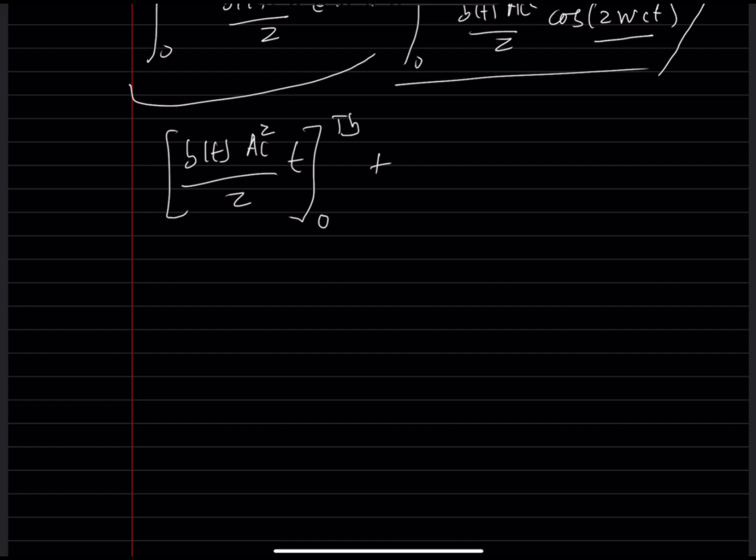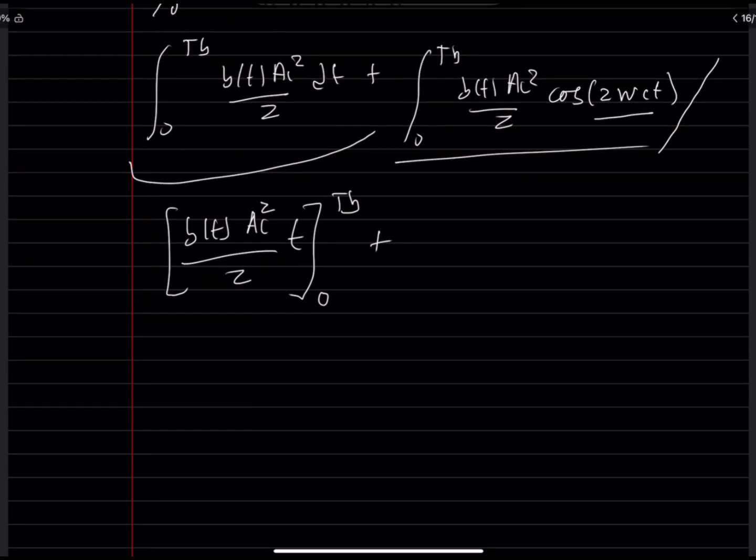Based on this, the integral of the cos is going to give us the sine of 2 omega_c t over, remember that the 2 is already here. So let me write it here: B of t A_c squared over 2, and then over 2 omega_c.